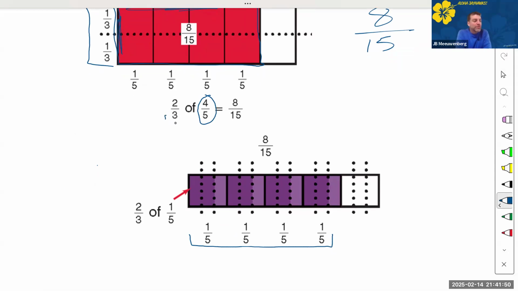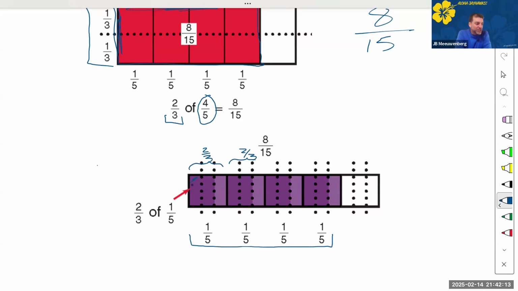But then we're going to take 2/3 of those 4/5. So again, cut every piece up into thirds, thirds, thirds, thirds, all the way across. And then we are going to take 2/3 of them. So in each of these rectangles, we're going to take 2/3 of each.